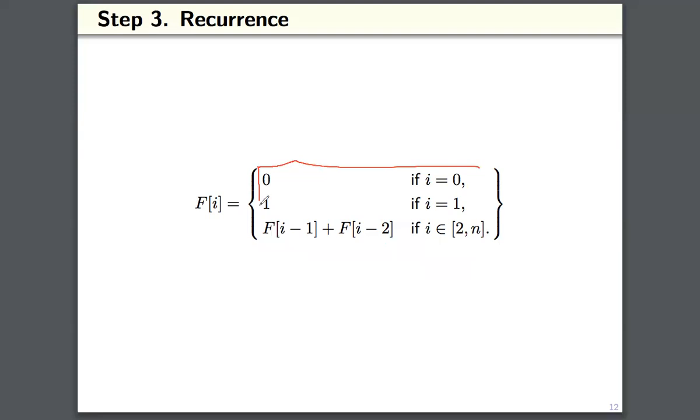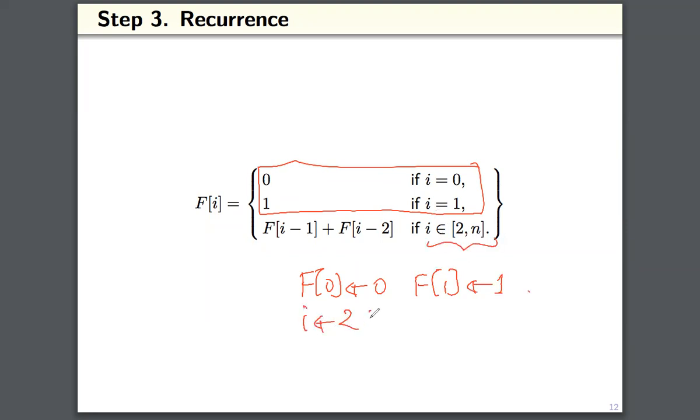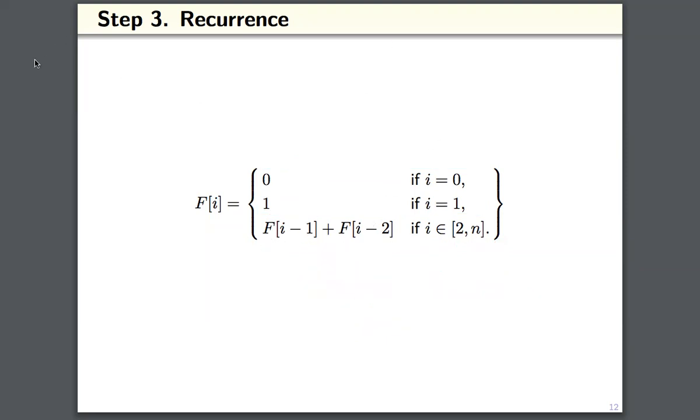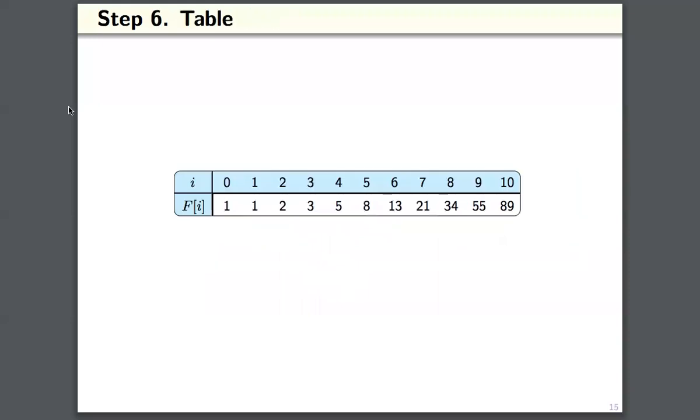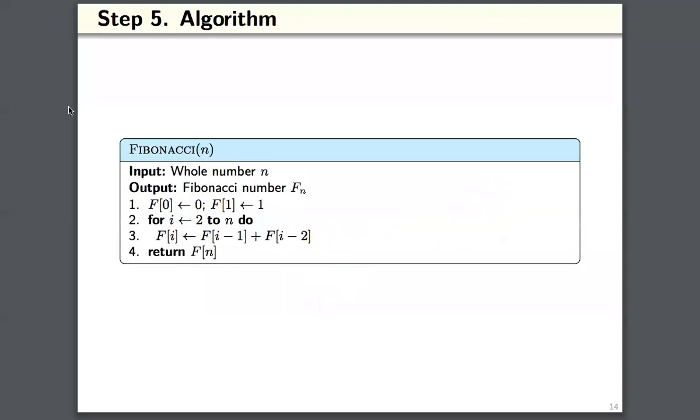You should always get the base cases first. So f of 0 is 0, f of 1 is 1, and the recursive case: loop, I equal to 2 to n, apply this. That's your pseudocode. It's no big deal. And return f of n, because that's your objective. You always return the objective of the problem.